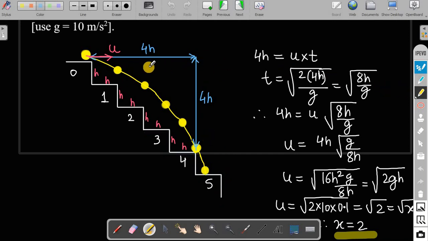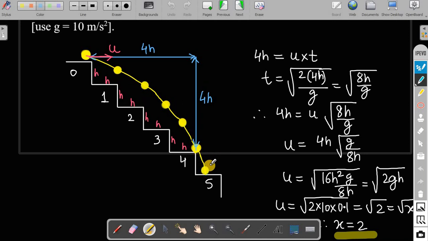Now if the ball is going to hit the fifth stair with minimum velocity, it should just touch the corner of the fourth stair, passing through that corner touching it slightly. They may also ask for maximum velocity.